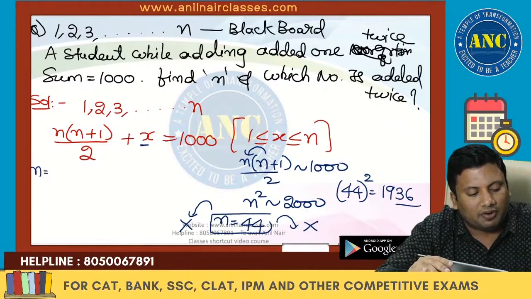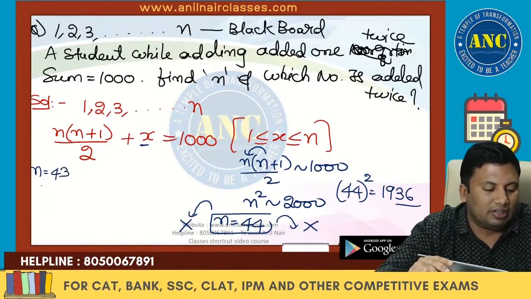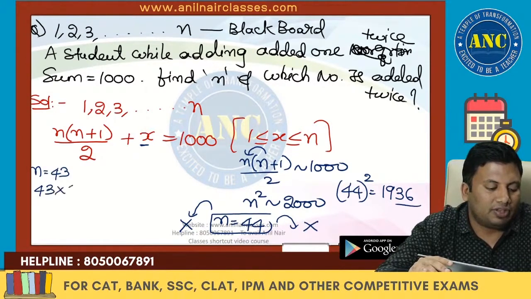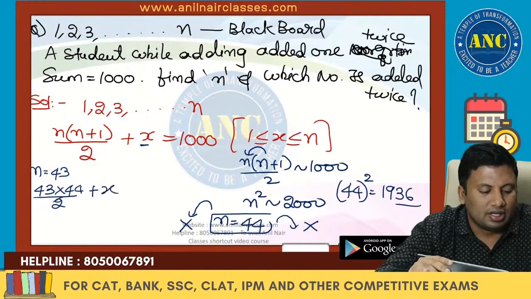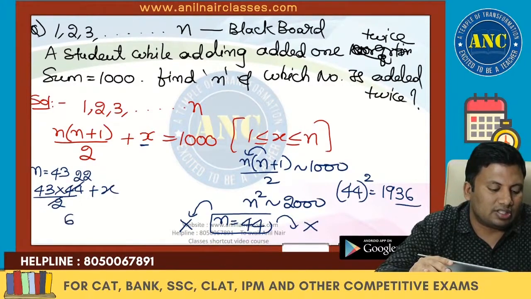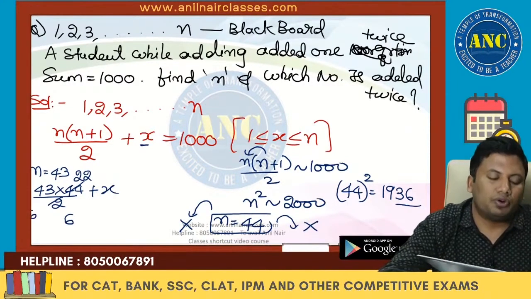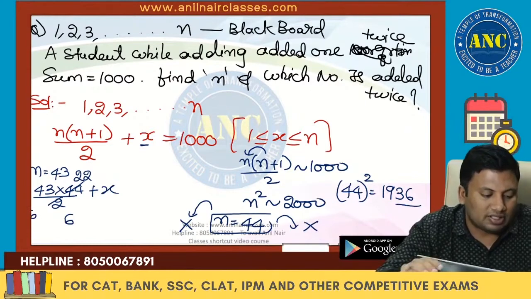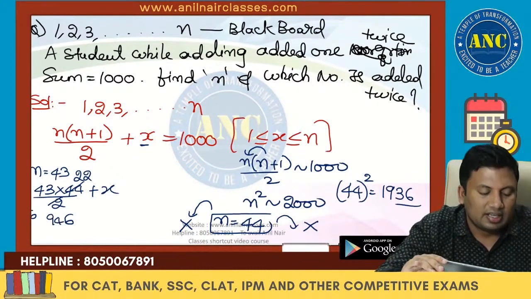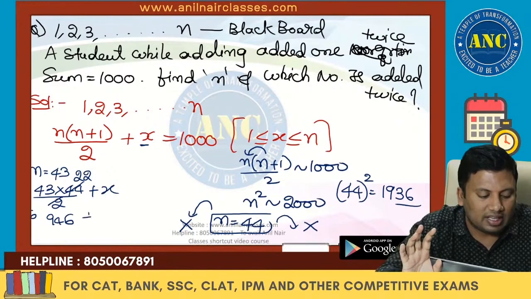Let me take 43. If I take 43 into 44 by 2 plus x, 22 into 43 is 946. 946 plus x is 1000, so what is the number that I am adding? 54.